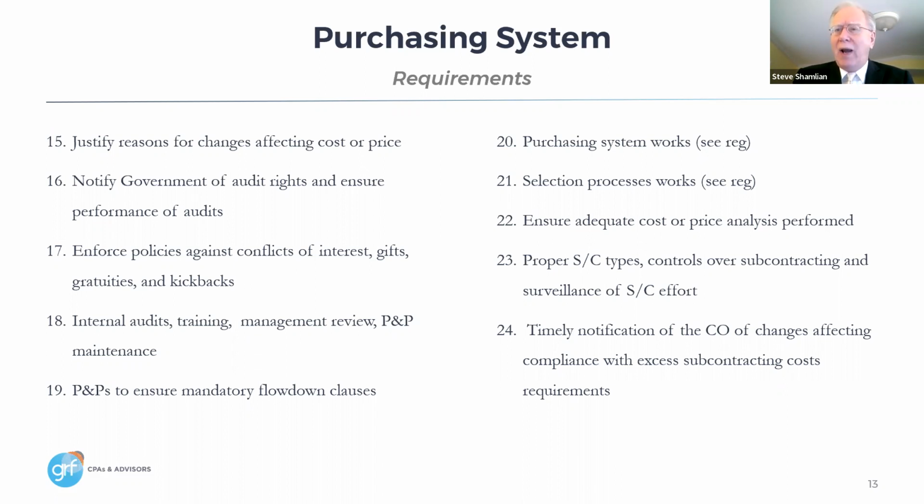So you obey all the rules, but you can't get the stuff in on time. That's not a functional purchasing system. The selection process works. It means you don't deal with debarred or suspended vendors, and you justify the vendor that you selected. Of course, cost or price analysis performed as necessary, proper subcontract types, etc. So there's the requirements. Let's go to the next one.